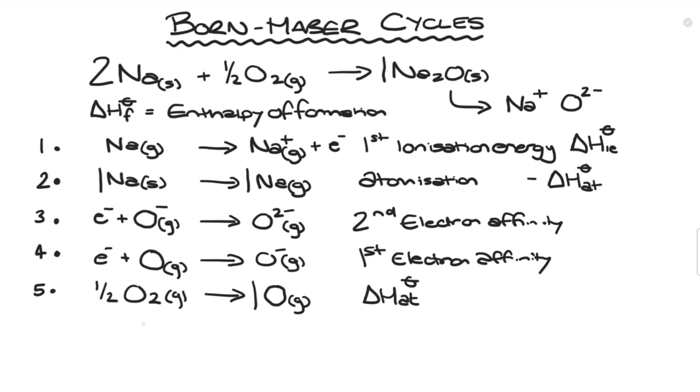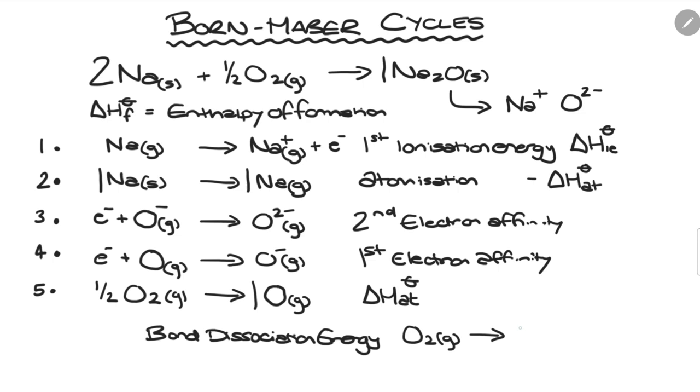Now, you may also think this is related to something you saw in year 12 called the bond dissociation energy. And it is. But it's slightly different, because the bond dissociation energy would have taken an oxygen molecule and broken 1 mole of the covalent bonds.